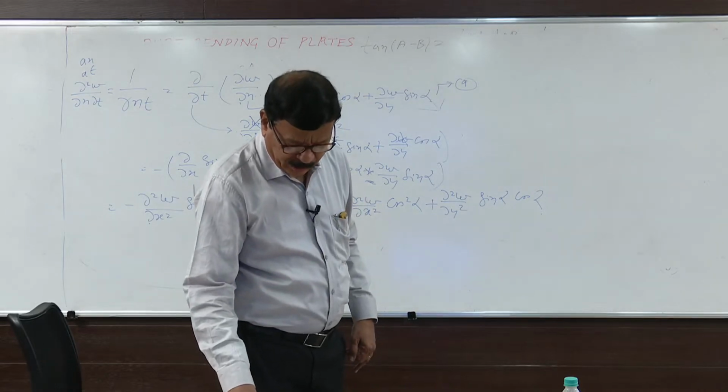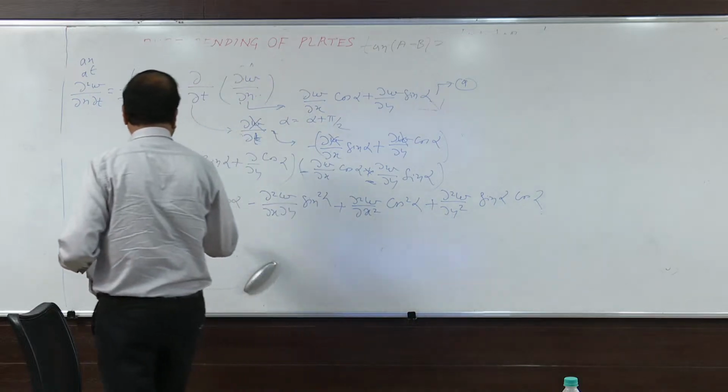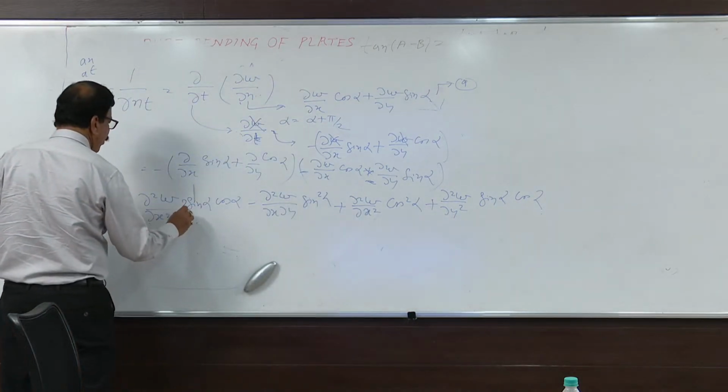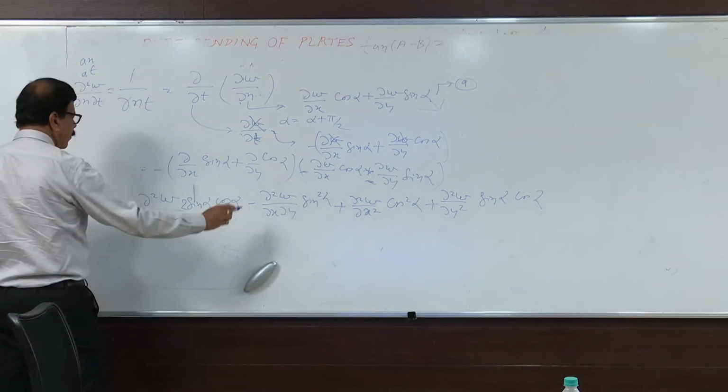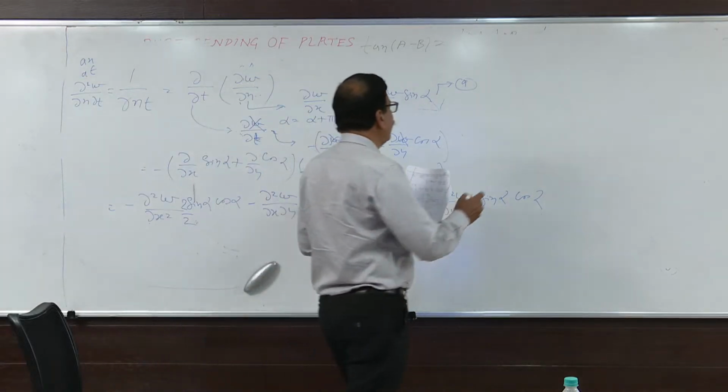Check the sign in a short while. So you can put this as multiply 2 and divide by 2 sin 2 alpha. Yes sir.